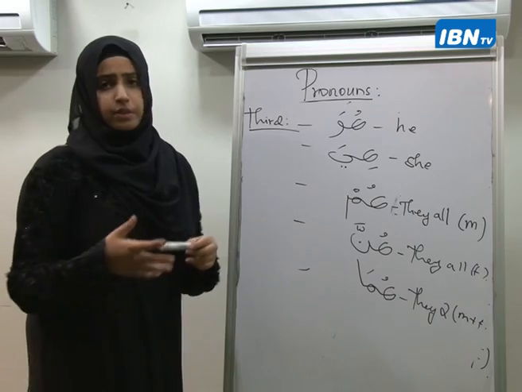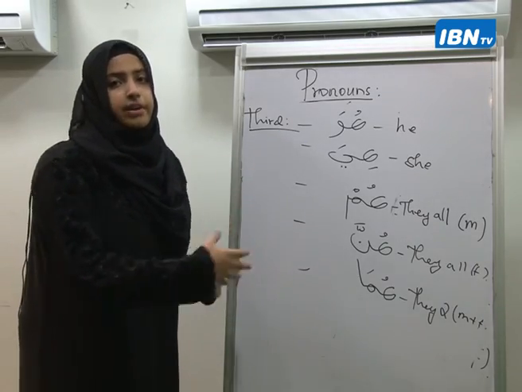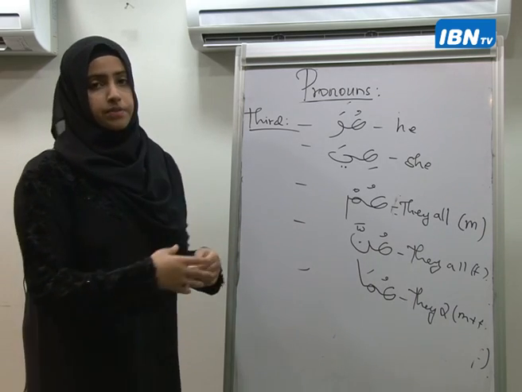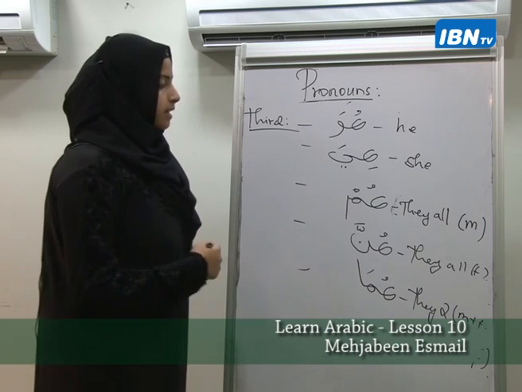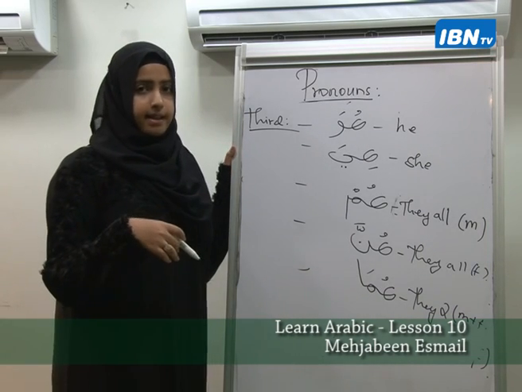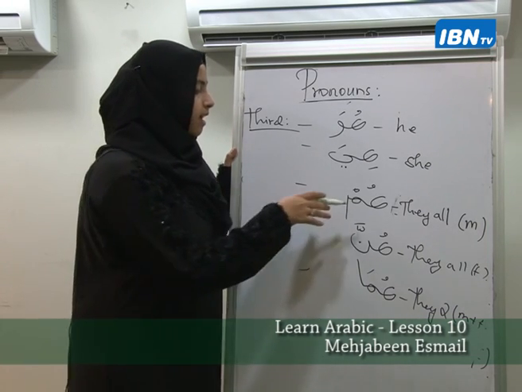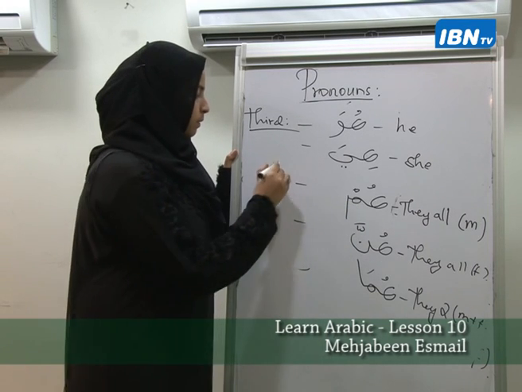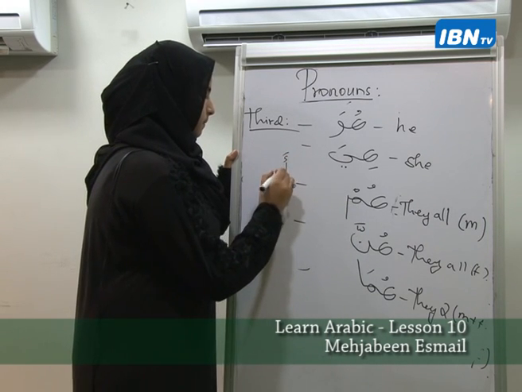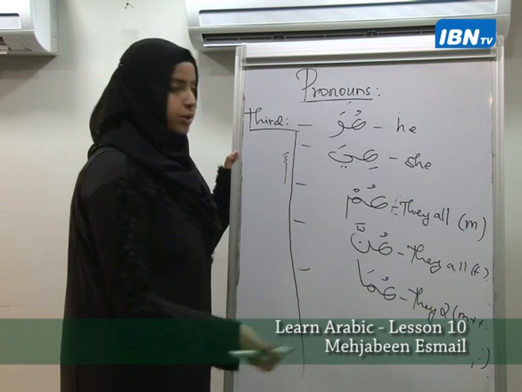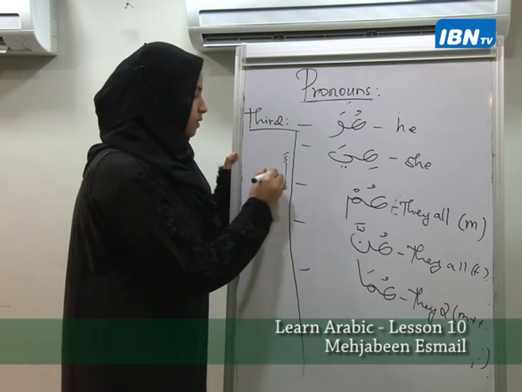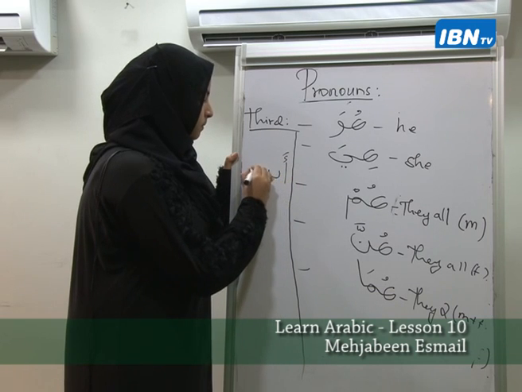Now I want you to notice a trend to make this easier for you to remember, because it has a lot of specifications, so you need a way to make it easier for you to remember. So remember in the second person, I had said antum. This is just a small way for you to remember easily the pronouns.